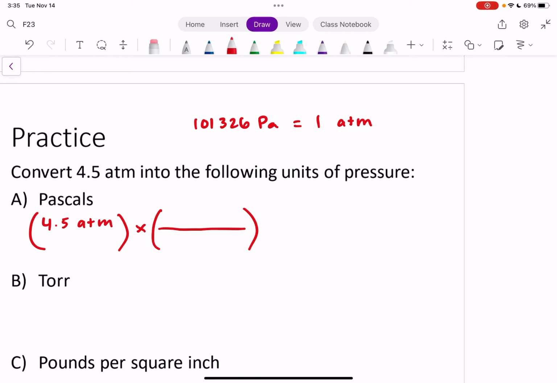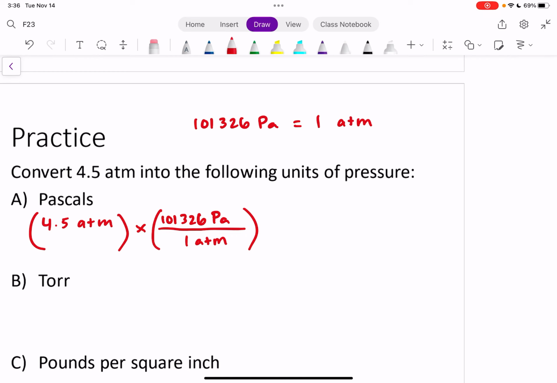So what conversion factor could we create from that? Yeah, we could have ATM on the top and pascals on the bottom, or ATMs on the bottom and pascals on the top, depending on what we want to convert to. In this case, we want to get to pascals, so we're going to need to put pascals where? Yeah, on the top. Pascals needs to go on the top of our fraction so that we can cancel out our ATMs.